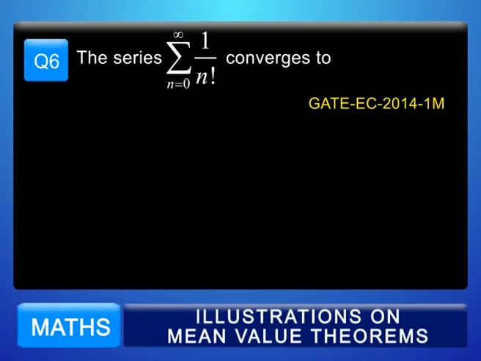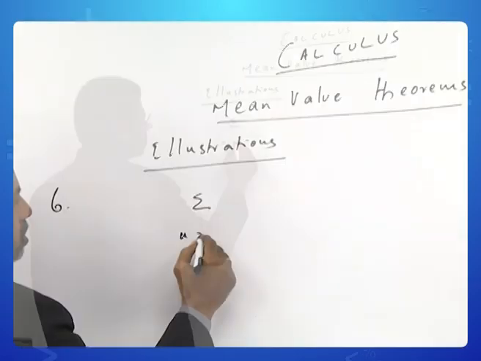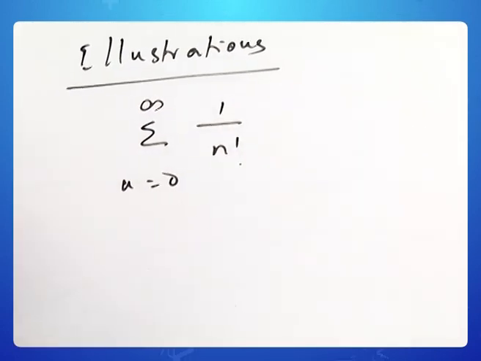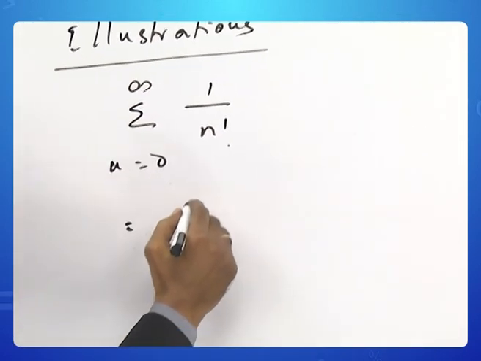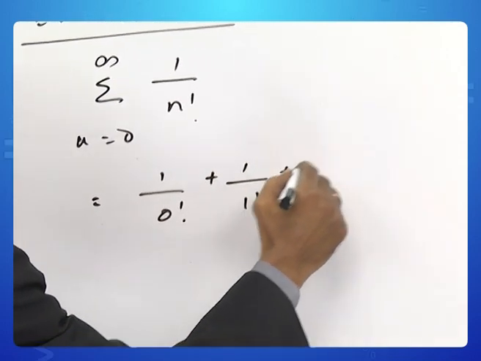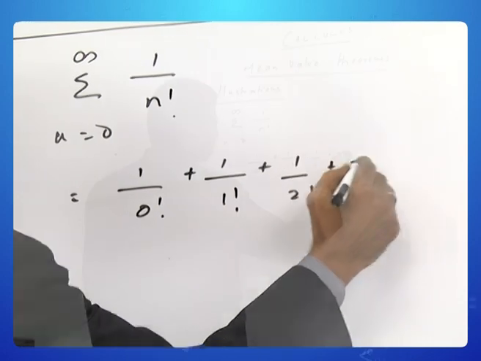Question number 6. The series summation n is equal to 0 to infinity 1 by n factorial converges to. The options are 2 log 2, root 2, 2 and e. So summation n is equal to 0 to infinity 1 by n factorial is nothing but 1 by 0 factorial plus 1 by 1 factorial plus 1 by 2 factorial and so on.